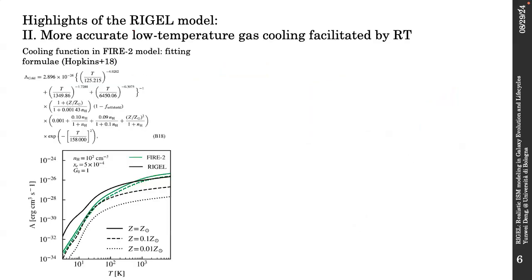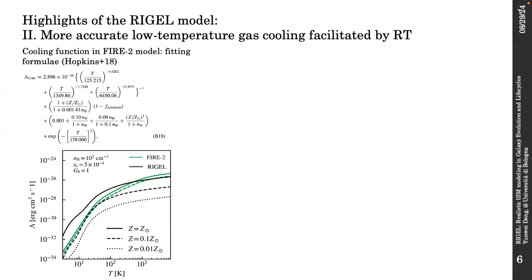And the second highlight of the RIGEL model is that we updated the low temperature cooling model of RT. The low temperature cooling here refers to lower than 10⁴ Kelvin. Here I use the low temperature cooling model used by Bat­tiferro as the configuration, which determines their cooling rate based on some fitting function based on pre-calculated Cloudy results.